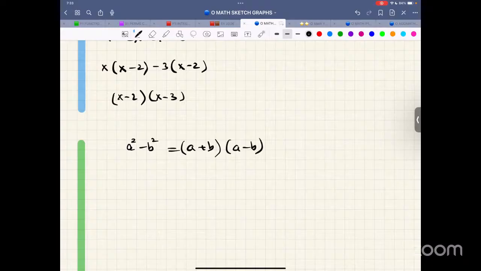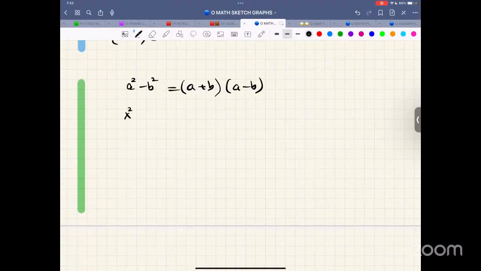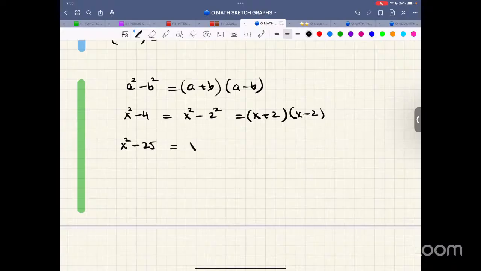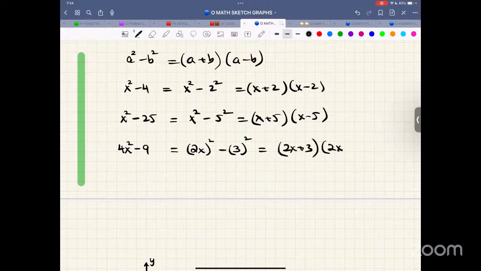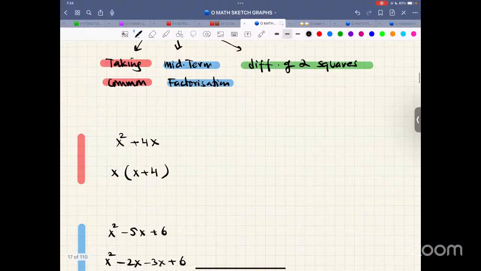So x square minus 4 is basically x squared minus 2 square, which is x plus 2, x minus 2. x squared minus 25 is x squared minus 5 squared, which is x plus 5, x minus 5. 4x squared minus 9 can be written as 2x the whole thing squared minus 3 the whole thing squared, that is 2x plus 3, 2x minus 3. So these are the examples of this.